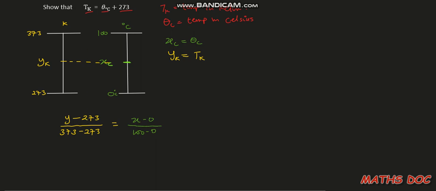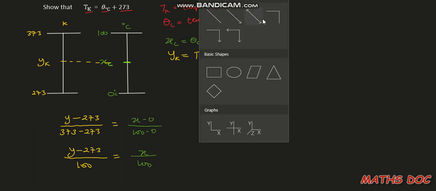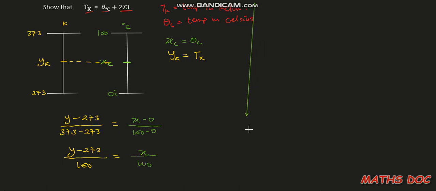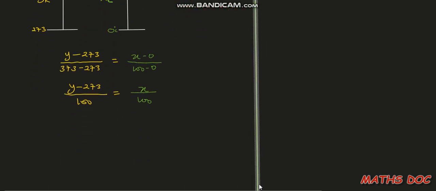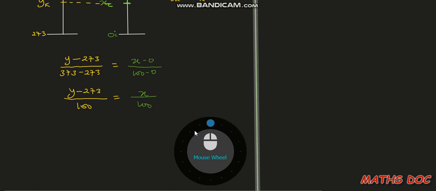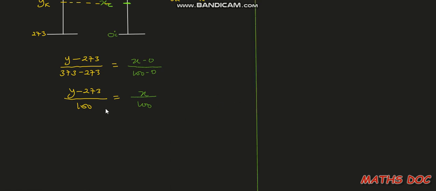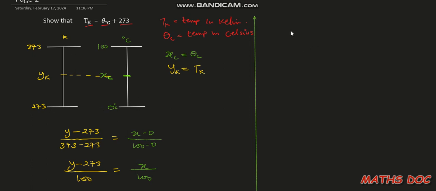On this side, Y minus 273 divided by 373 minus 273 is going to give you 100, and that will be equal to, on this side, X minus 0, which is X over 100 minus 0, which is 100.